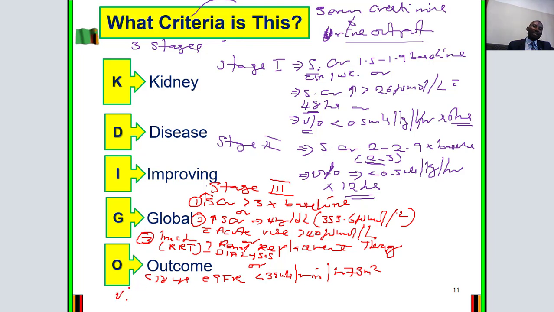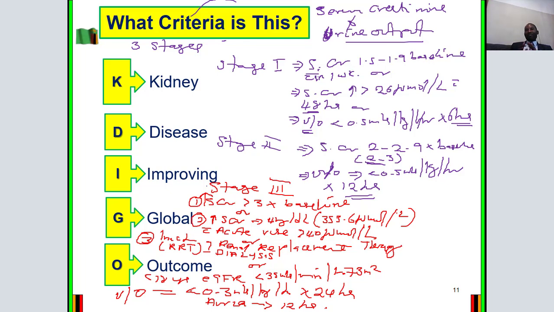If we're using the urine output, that is less than 0.3 mL per kg per hour for 24 hours. And if there is anuria, it is for 12 hours. So this is how we stage critical.